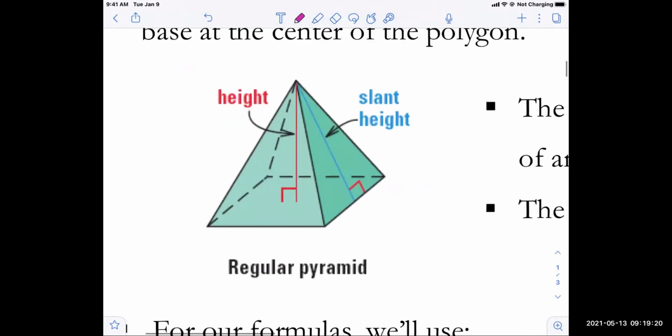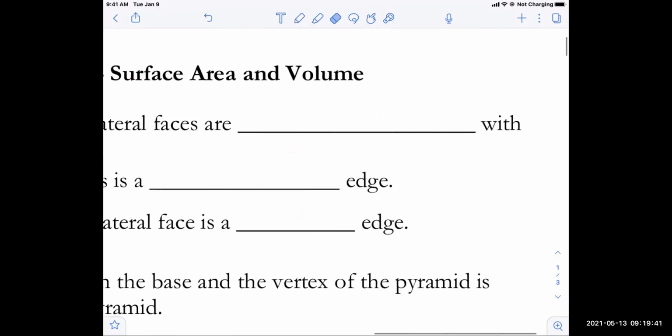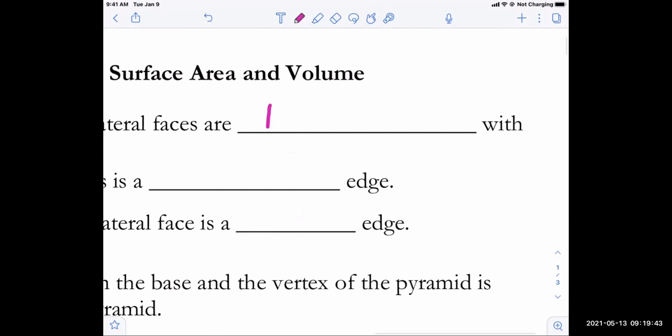What are the lateral faces going to be? Triangles, right? See how they're coming up to a point at the top. So the lateral faces are still what you think of as lateral faces with pyramids. It's just that this time, instead of going straight up, they're coming into a point at the top. So there's one base, and then the other ones are the lateral faces. The lateral faces are triangles.